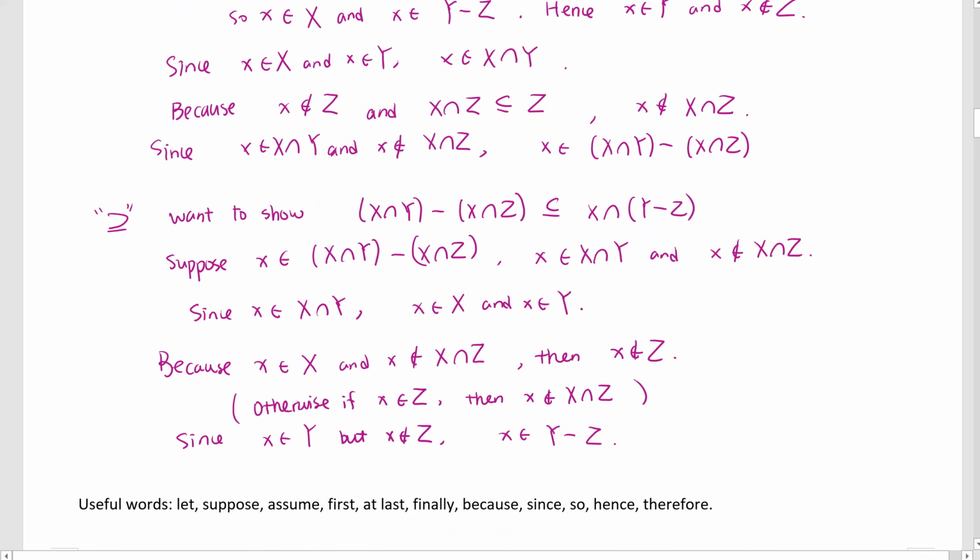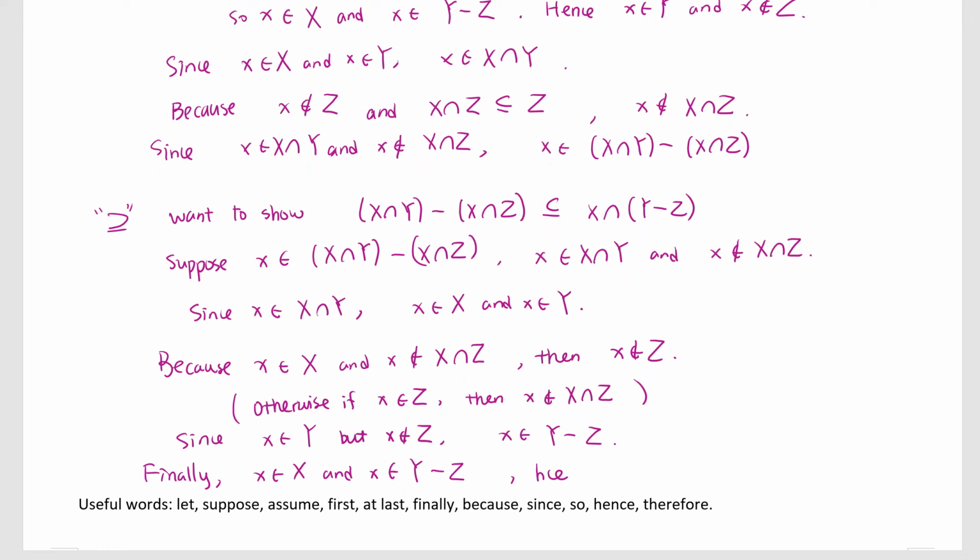Finally, because x is in X and x is in Y − Z, so, if you don't want to use "so," you can use "hence," "therefore," etc. Hence, we have x in X ∩ (Y − Z).